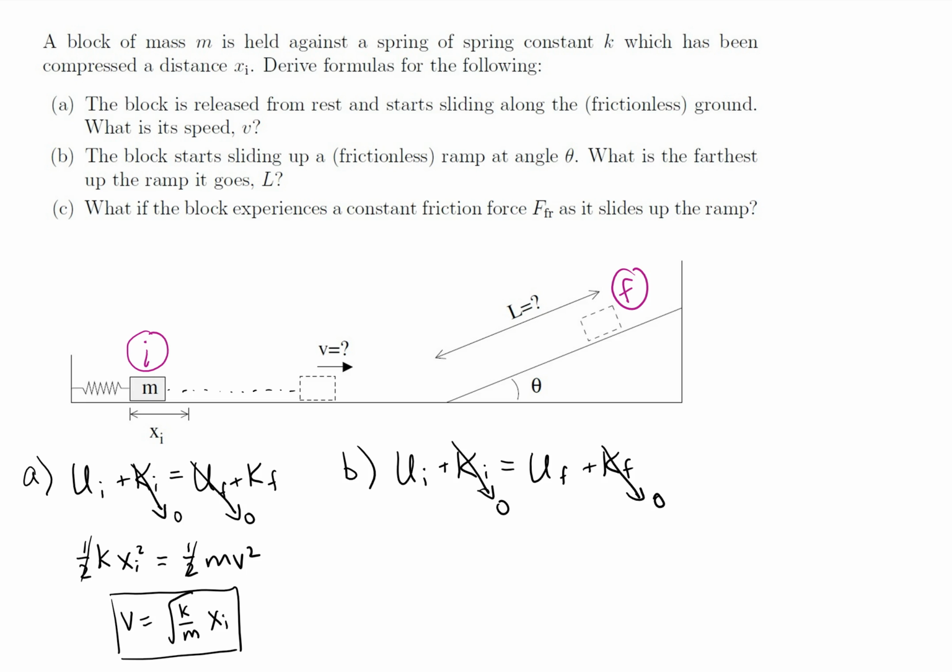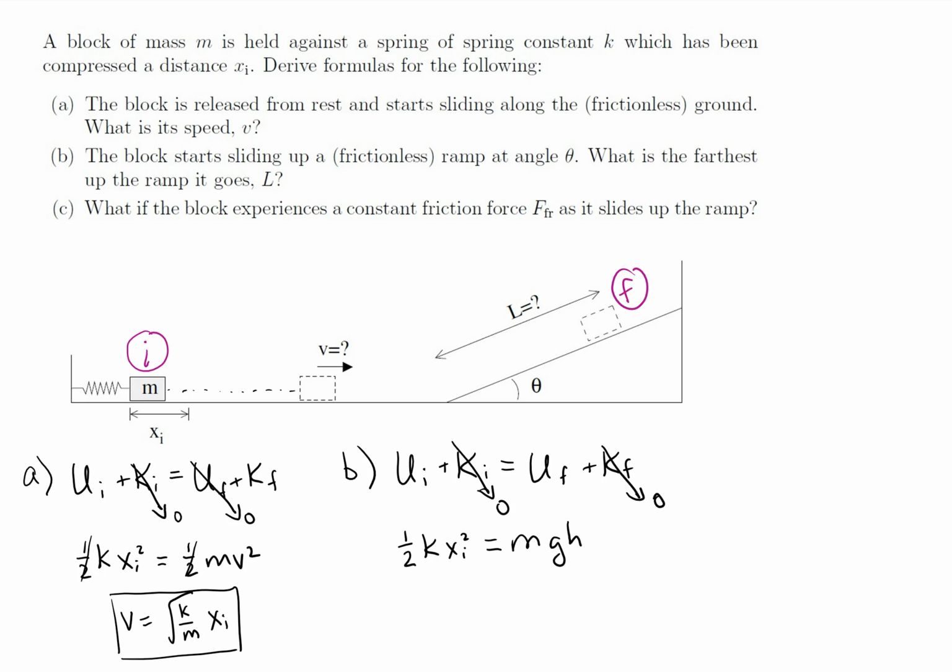So K final is also going to equal 0. And so what we're saying basically is that our initial spring potential energy over here has to be equal to our final gravitational potential energy over here. So 1/2 k x initial squared has to equal mgh.